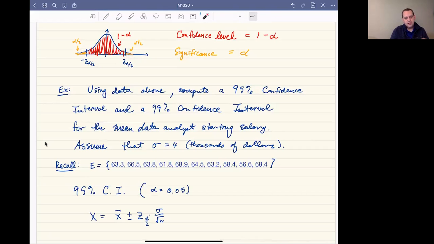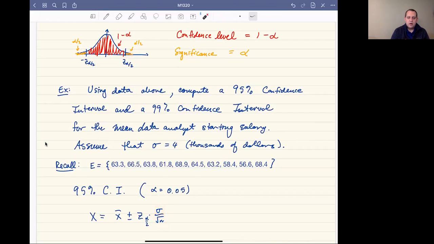And the standard deviation of the set of all sample means is the standard deviation of the underlying population divided by square root of n, as we talked about in chapter 7. Putting all those facts together gives us our confidence interval.